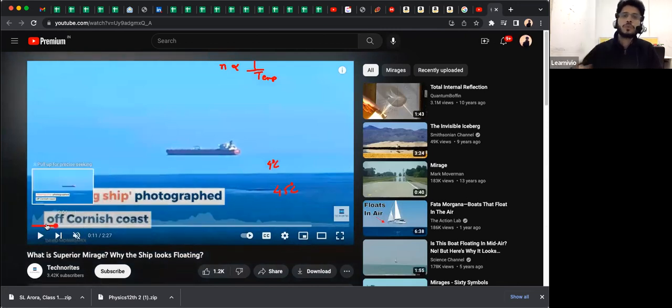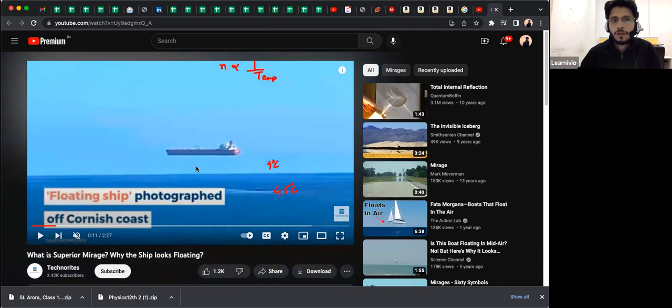If the temperature is very low, then you will observe looming. And in looming, what happens is the ship which is on the water appears to be floating. This is looming. This is the actual photograph of the ship. So the ship which you assume is floating on the water appears to be floating in the air. This is looming. So it's just reverse.